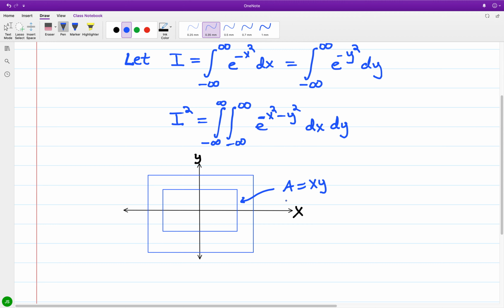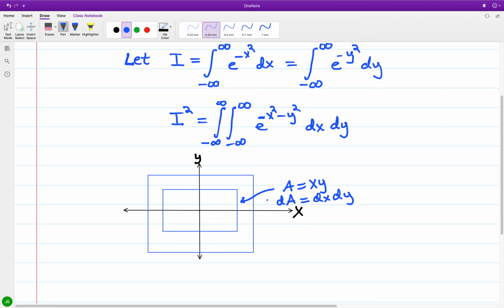And if I take the differential, the change in the area is equal to dx times dy.